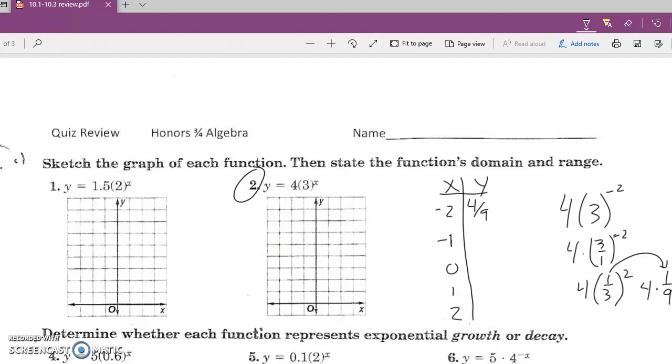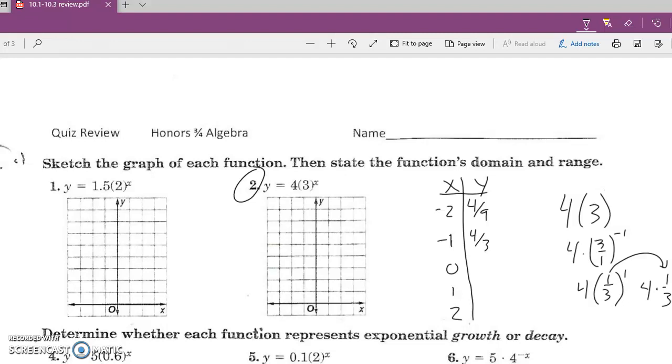When you plug in -1, same problem. This time I'll put a -1 right here, and I would end up with 3 to the -1. I would flip it, it would become +1, so that'd be 1/3, so this would be 4/3.